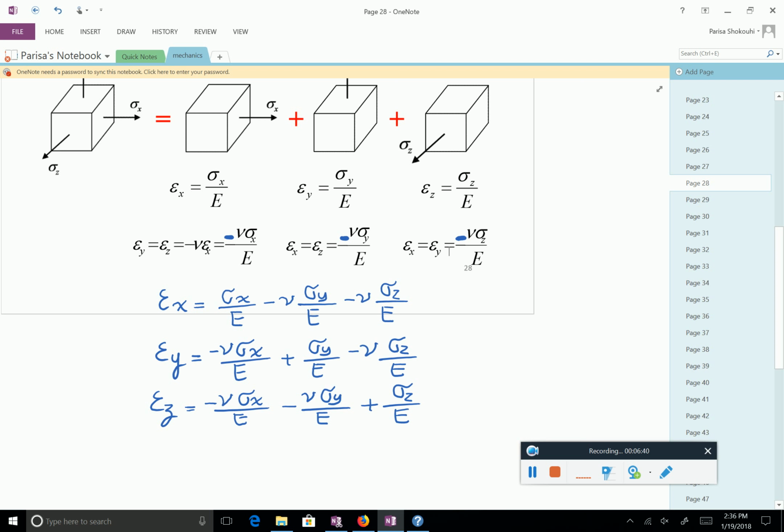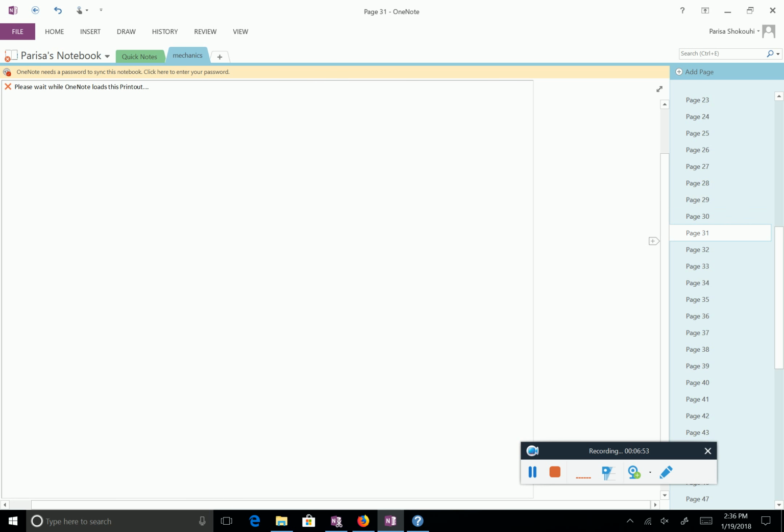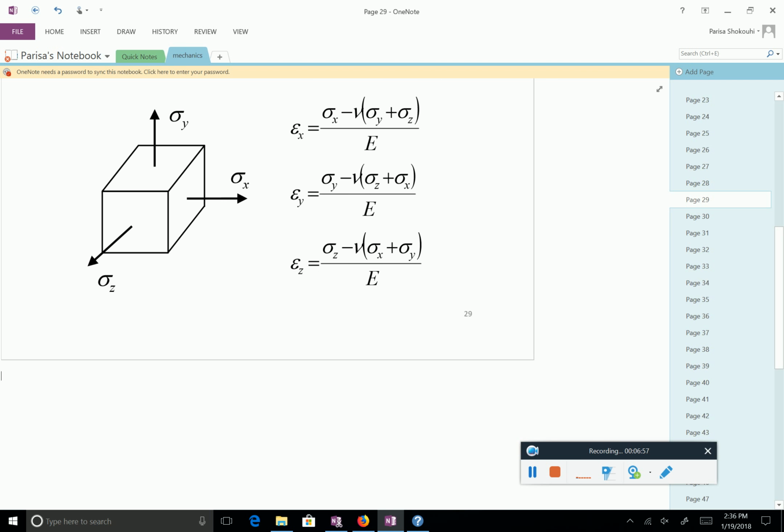And what I'm asking is for you to actually calculate the elastic modulus. So I guess we are good here. So this is something you need to do on your own.